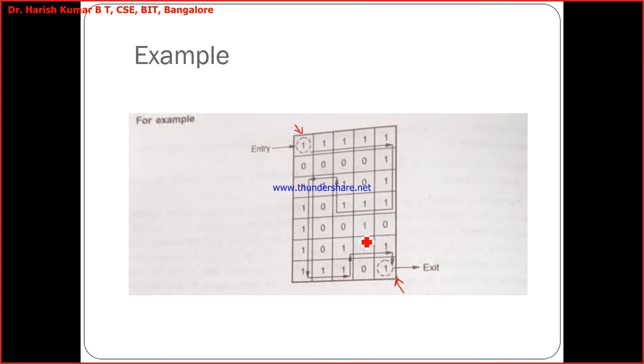That's all, only two possible paths are there. The one already marked here is one path, and the other path comes till here and then takes this path, reaching the exit. So there can be multiple paths, but you have to find one such path. Hope you people understood.